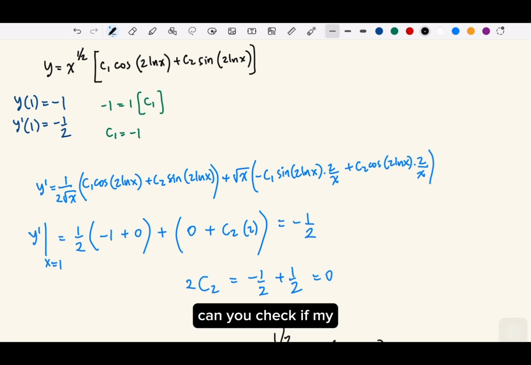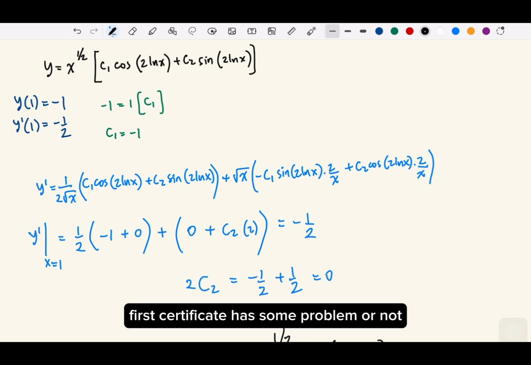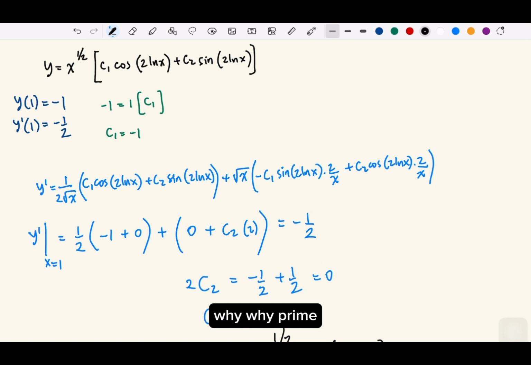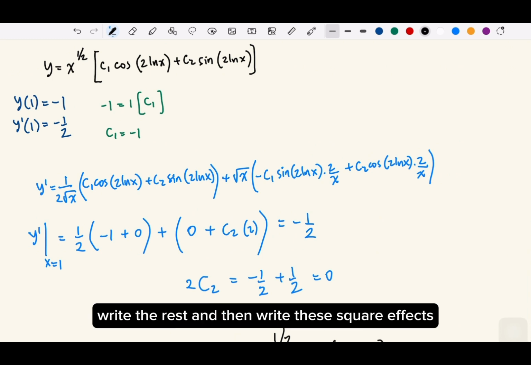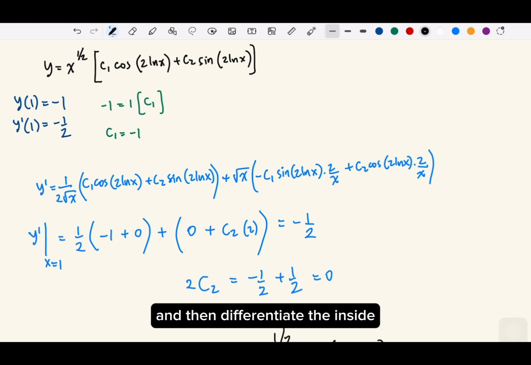Can you check if their first derivative has some problem or not? Is it correct? This one? I differentiate from that y prime. I'm using the product rule. So differentiate this, write the rest, and then write the square root of x, and then differentiate the inside.